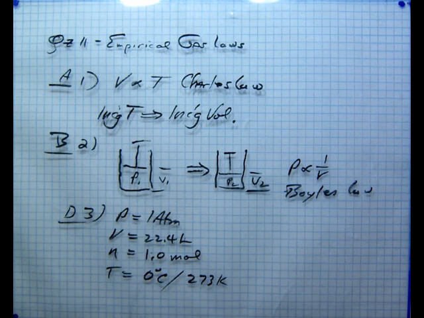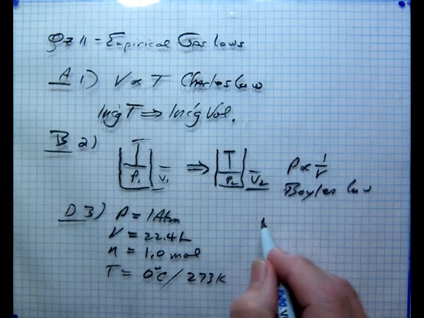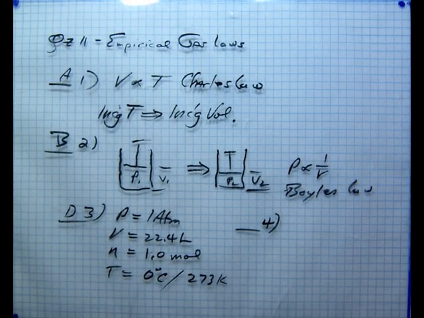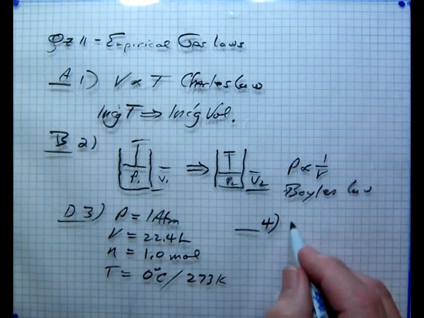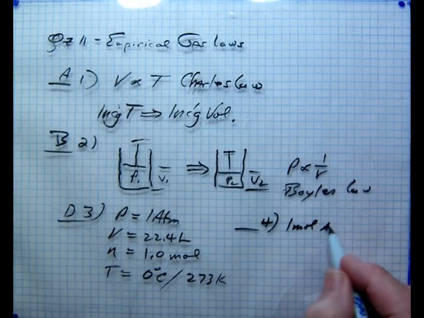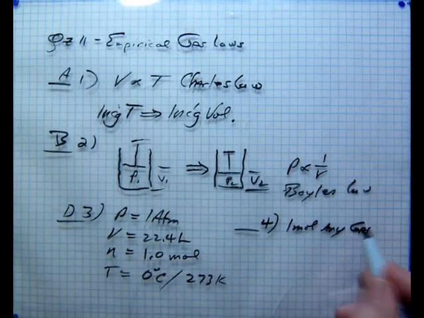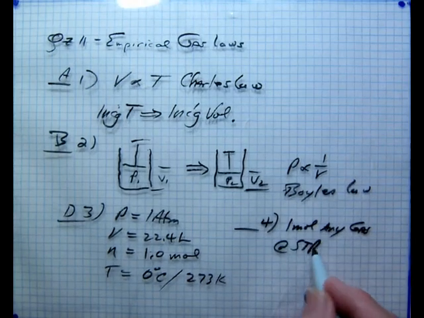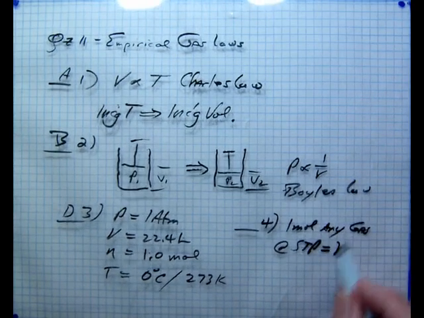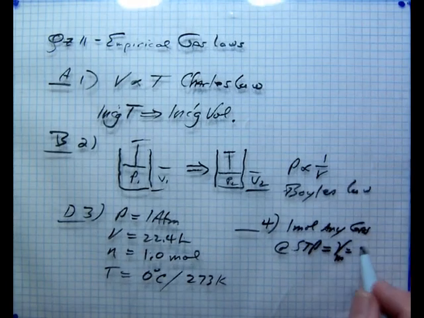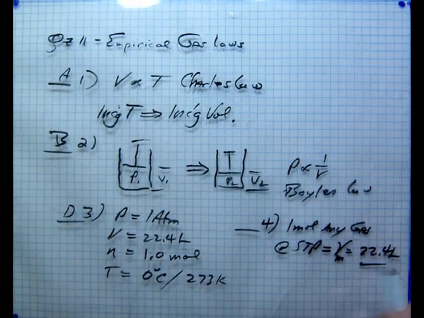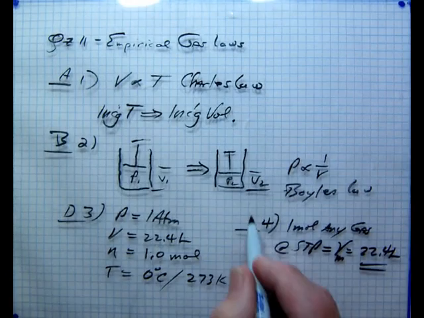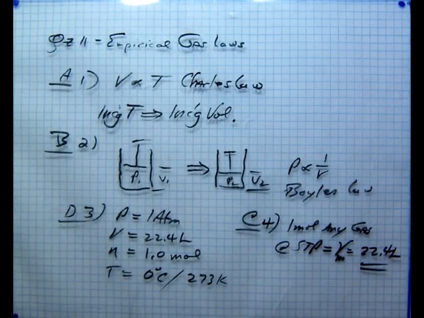So, for whatever that's worth. Okay, 1 mole of any gas at STP equals a volume, molar volume, equal to, as we've already noted several times today, 22.4 liters. C choice.